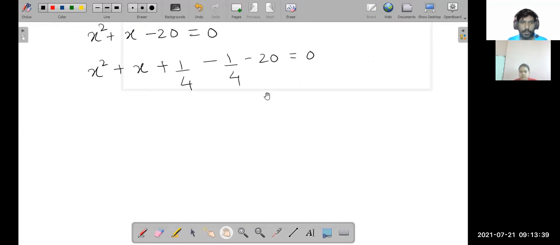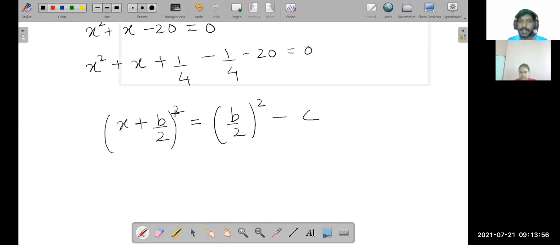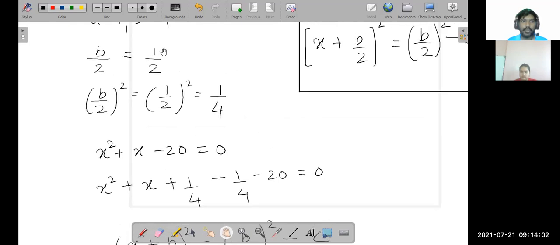So I'll write down the formula first. Formula is x plus b upon 2 whole square equal to b upon 2 whole square minus c. Then just substitute the values of b upon 2 and c here. So what did we get? b upon 2 is 1 upon 2.